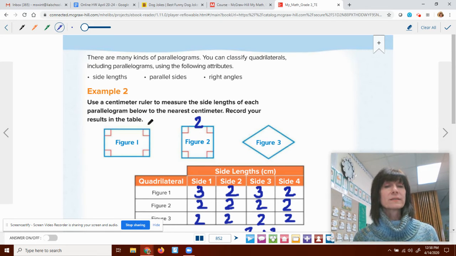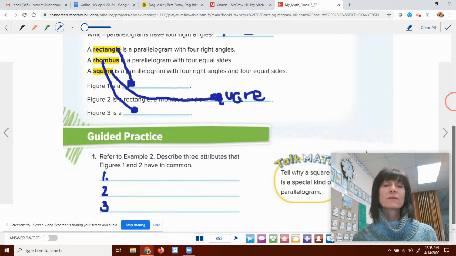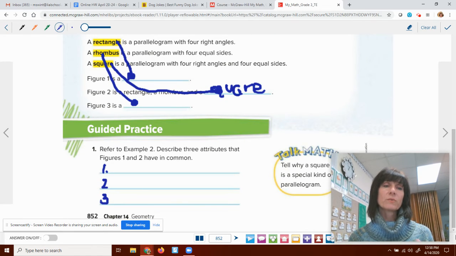I could certainly say that their opposite sides are the same. I could also say they have 2 sets of parallel lines. I could also say they both have 4 right angles. All 3 of those attributes could be written under guided practice there.